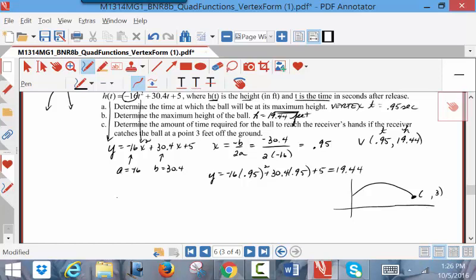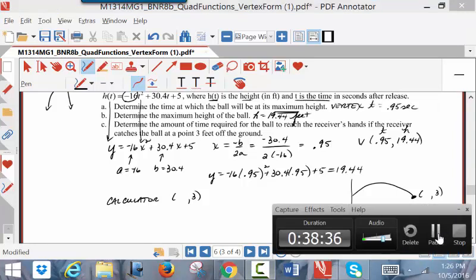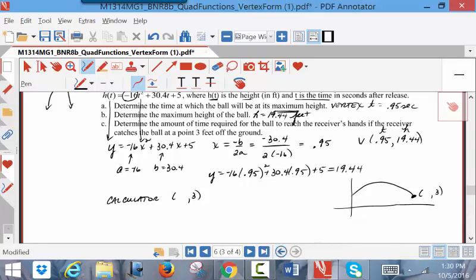So part C says go to your calculator, graph this equation, and look for the point where the y value is 3. When we zoomed in on the calculator, playing around with it, we had to zoom in several times.